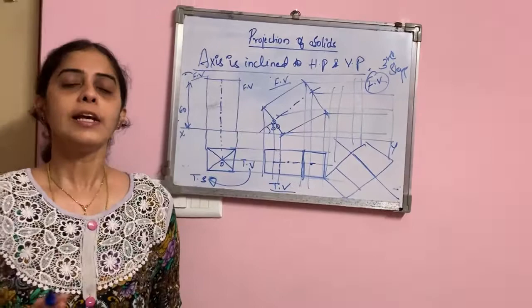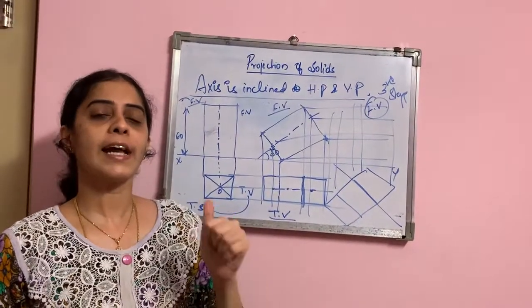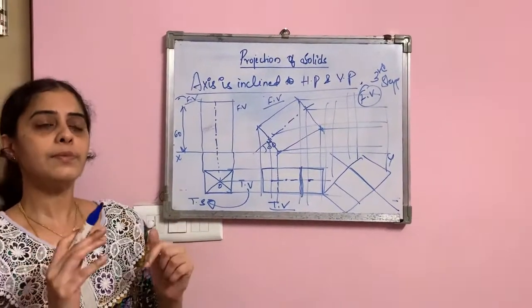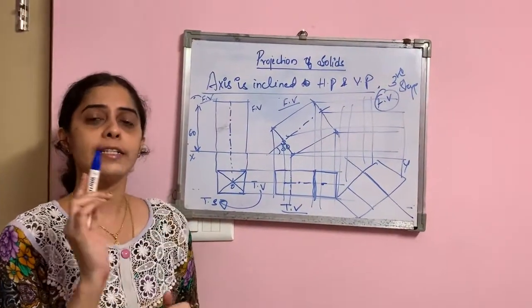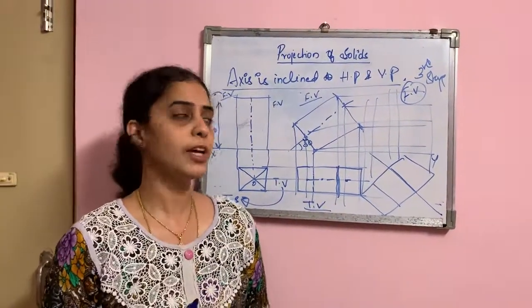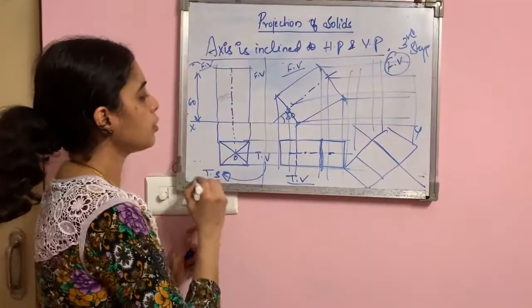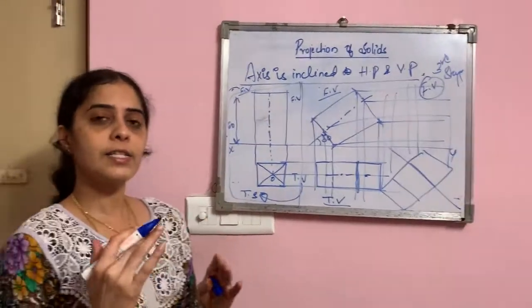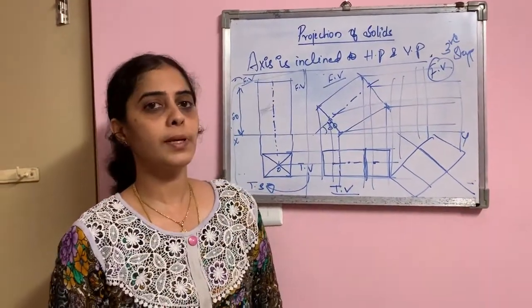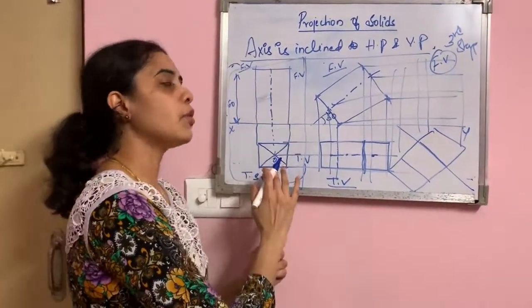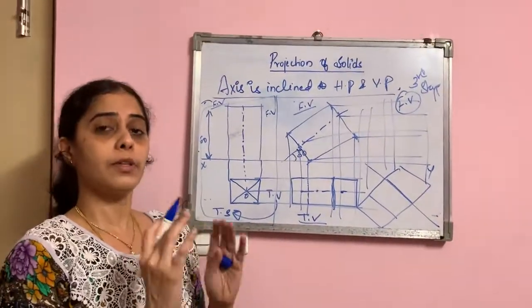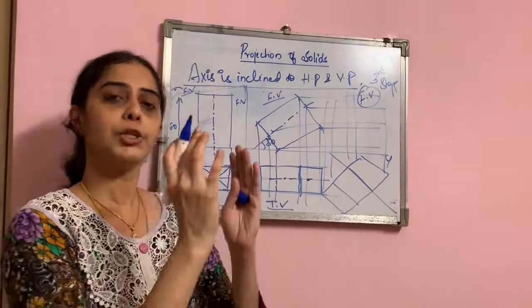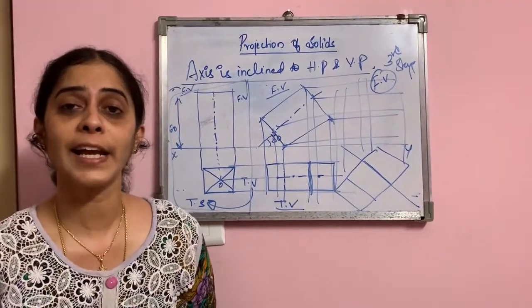So we have three options when the axis is perpendicular to HP or VP. Sometimes at that case it is a problem on only stage 1, where you will show only the front view and top view, only one stage. And in the second case, when the axis is parallel to both HP and VP, you won't get the true shape in either the front view or the top view, but the true shape will be obtained in our side view.